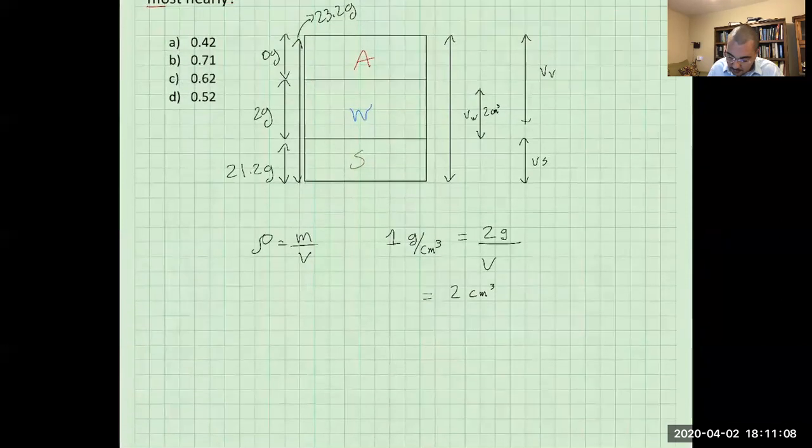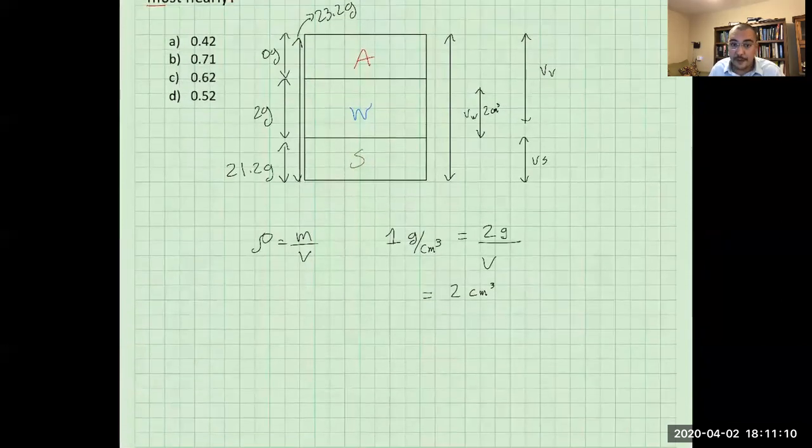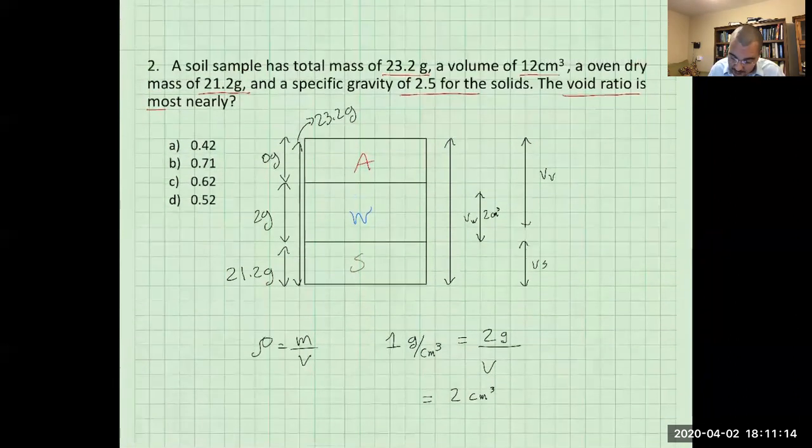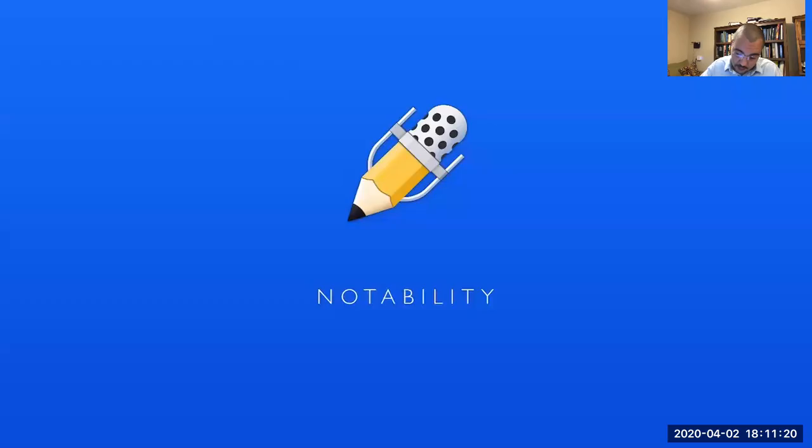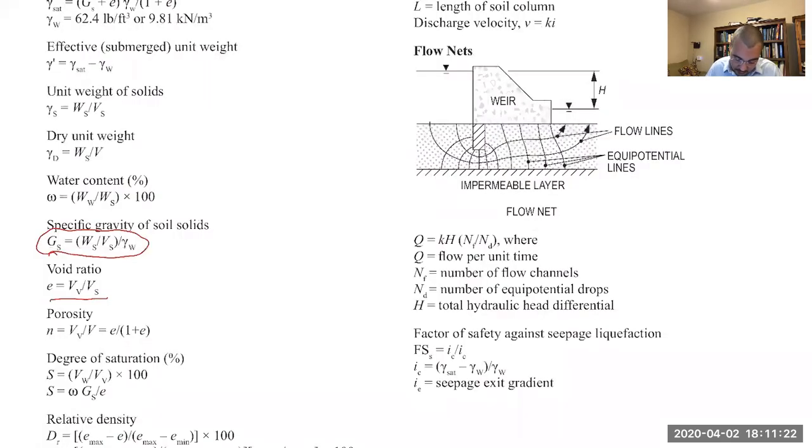And for the volume of the solids, we have a specific gravity, and you can always refer to this manual, and we'll use the same equation.